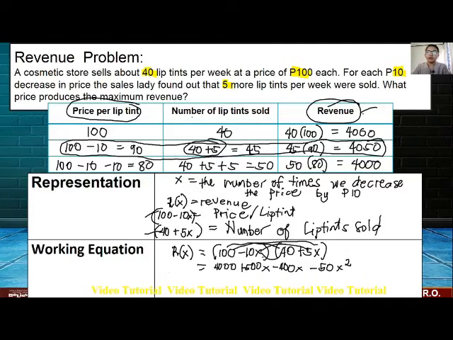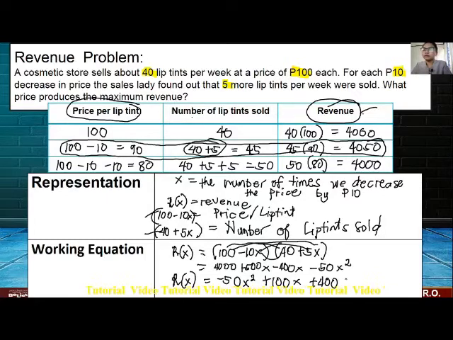Simplify through combining like terms, 500x and negative 400x, so that will be 100x. Now let us write this in its standard form, starting with negative 50x squared, plus 100x plus 4,000. So this will be our working equation.